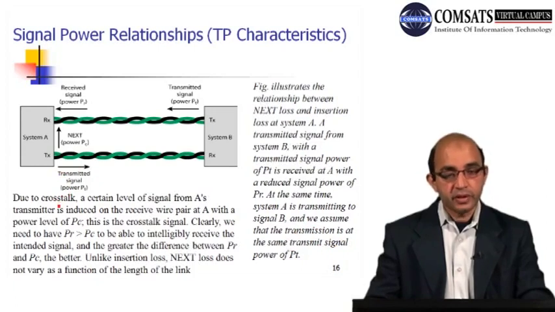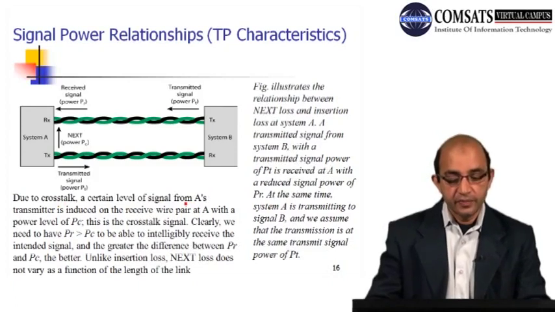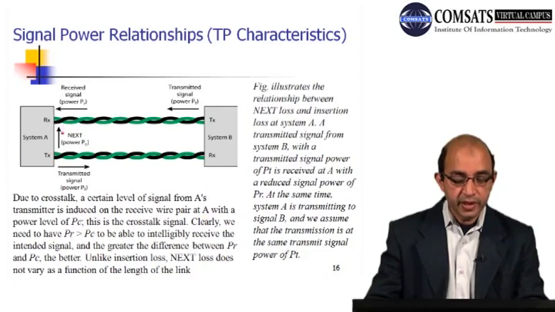Due to crosstalk, a certain level of signal from A's transmitter is induced onto the receiver wire pair at A. This is the receiver wire, and this is the transmitter wire. So there is an induction due to the EMI.